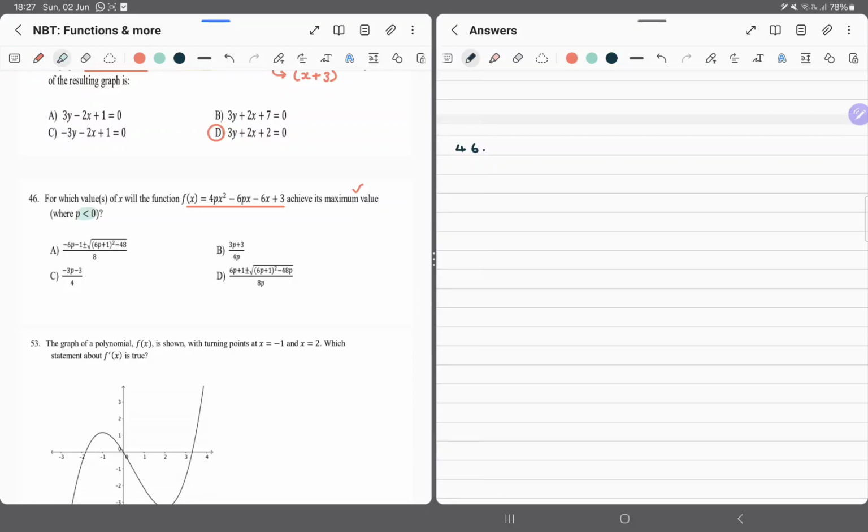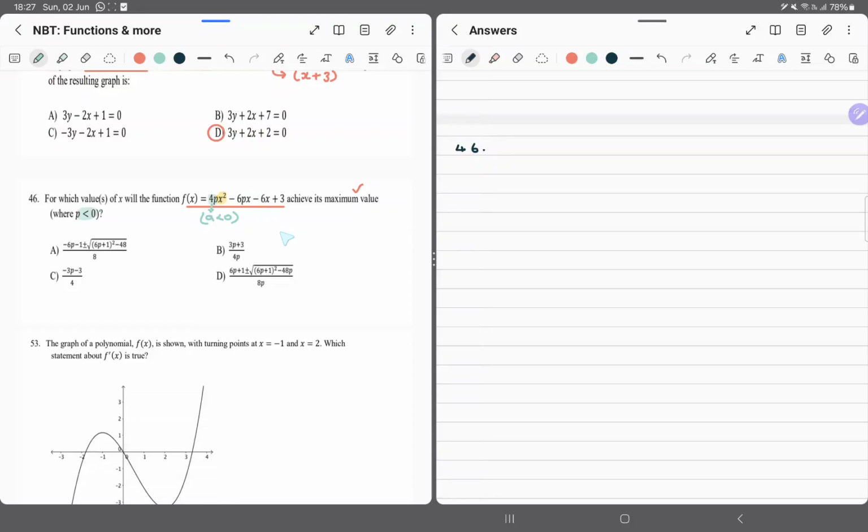Okay, so we can see here that technically this is a quadratic equation. Why? Because the power with the highest degree is in the order of 2. So that becomes a quadratic. Now, with a quadratic, we need to pay attention to the coefficient of this high degree power. Because p is less than 0, it means that coefficient, a, is less than 0.